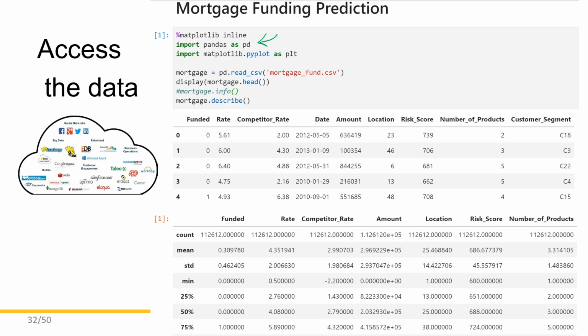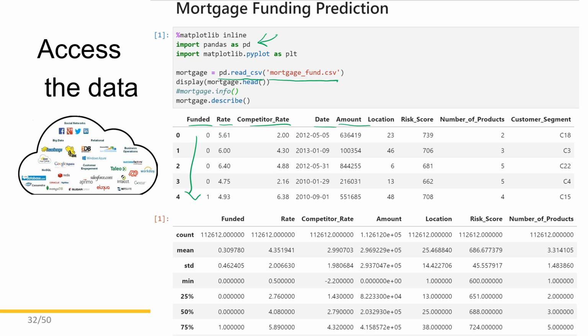The data frame is similar to what you have seen in Excel. It's just like a table with different columns as variables, and the rows are going to be the data that you have. So this is the mortgage fund.csv file.